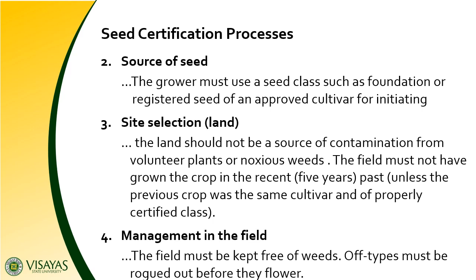Any off types must be rogued out before they flower. Why? Because if you rogue them out after they flower, there is a possibility that the pollen of these unwanted or undesirable plants has already cross-pollinated. So they must be rogued out, or removed, before they can flower.